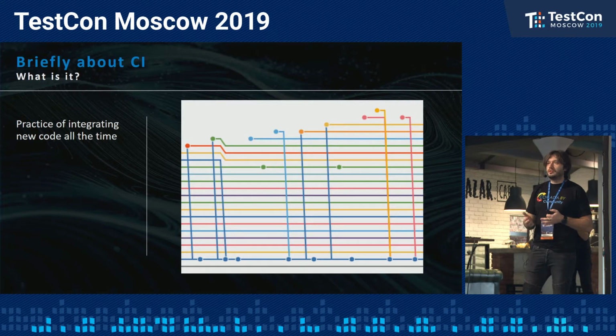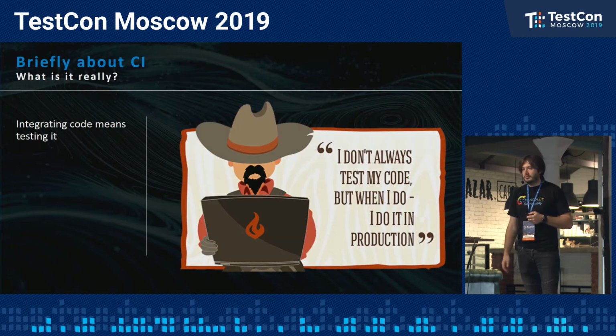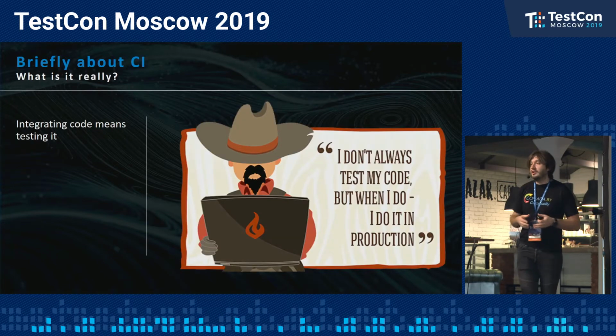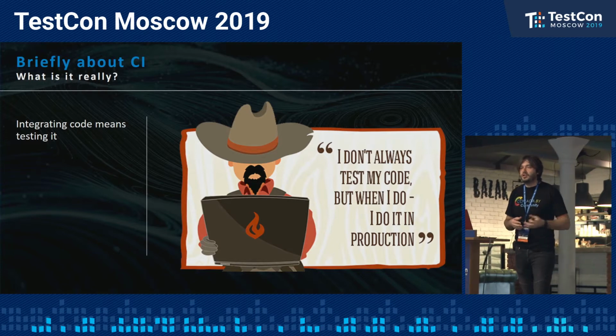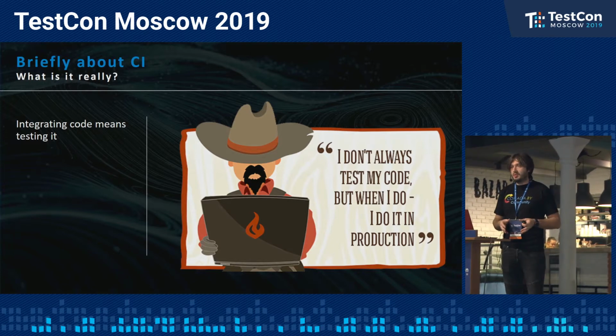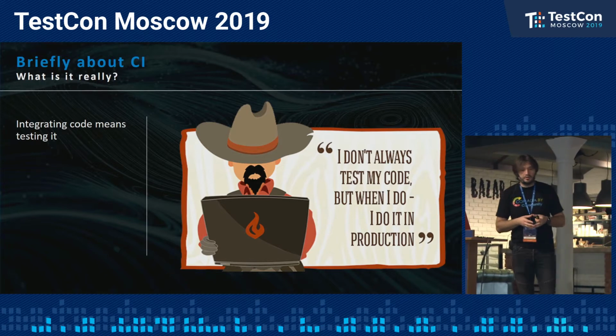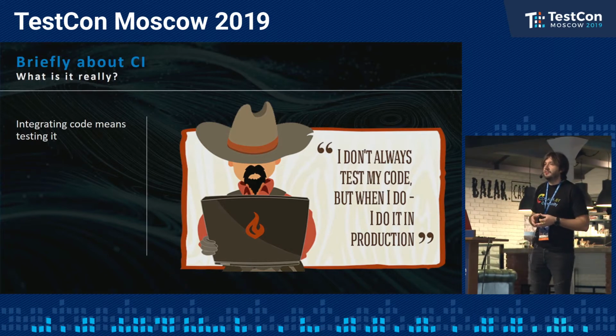And when developers integrate their code there in order to check its workability, what do they have to do? They have to test the code to be sure that if I change the presentation, I am not going to break what was done before. It's not about the fact that the programmer is bad.